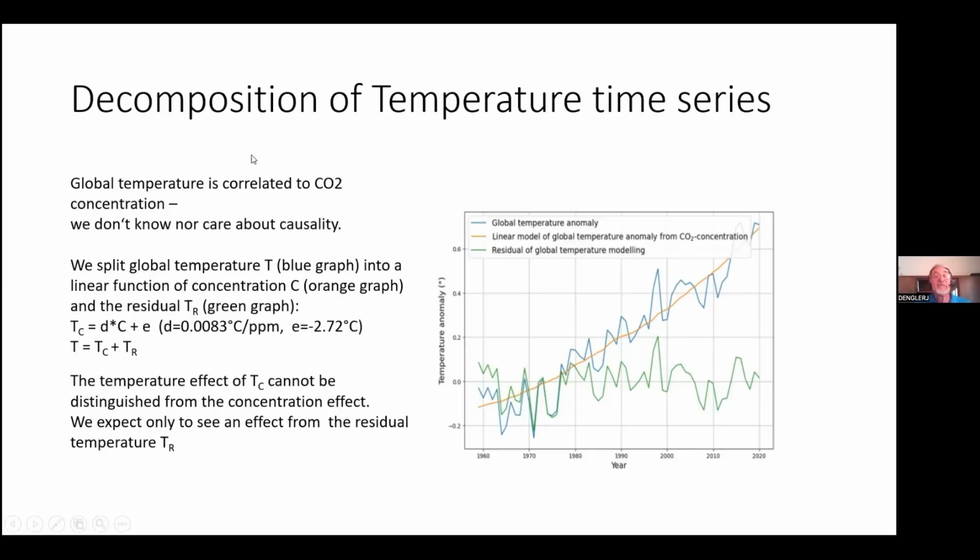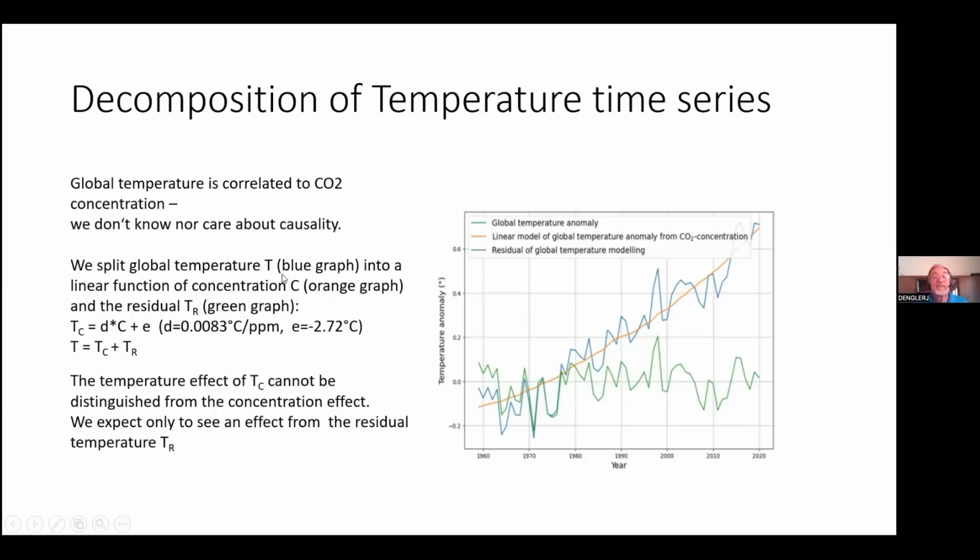So we decompose the temperature. We know that global temperature is correlated to CO2, and here we say we don't care and we don't know what is the cause. Why are they correlated? We don't know and we don't care.